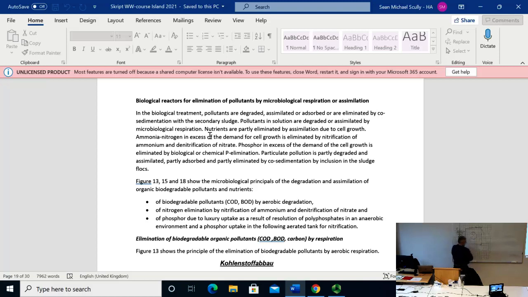Now I did something wrong, I missed this because we have this primary. Then this goes into our primary sedimentation, and we get our primary sludge.